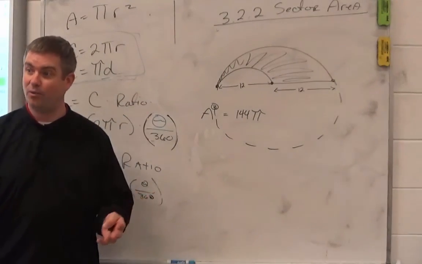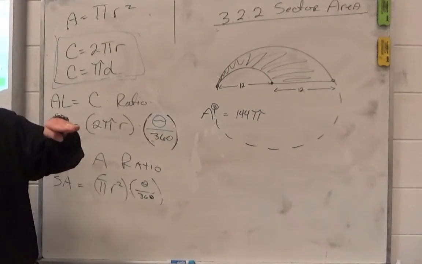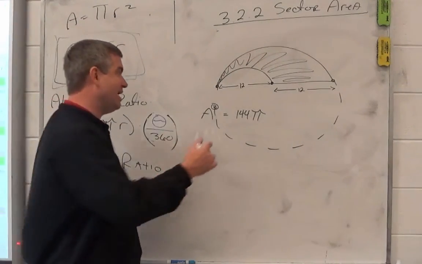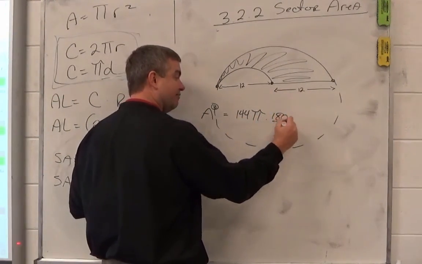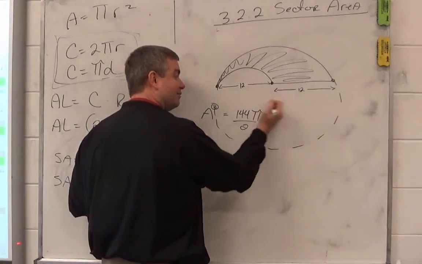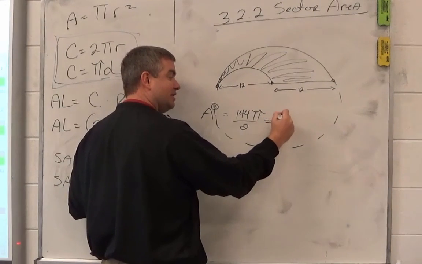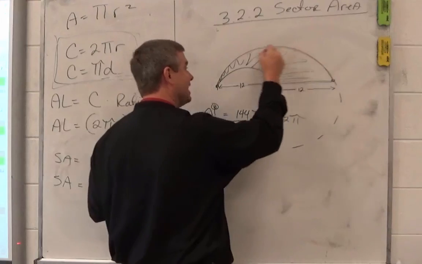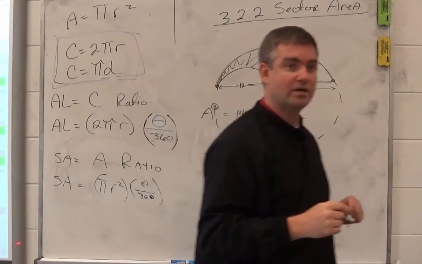Well, I know I don't want all of that area. I want half of that area. That would give me this semicircle right here. So it's 180 over 360, which is the same thing as just dividing that by 2. Divide that by 2, and you get 72 pi. That's this entire area.